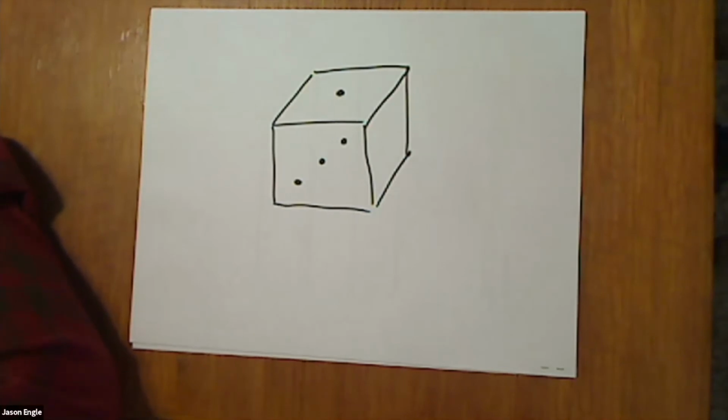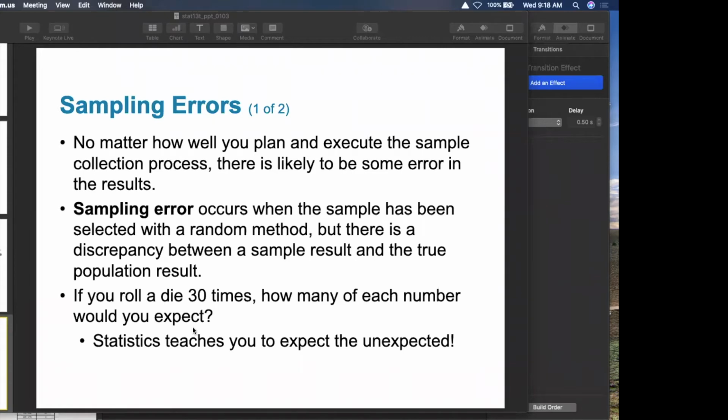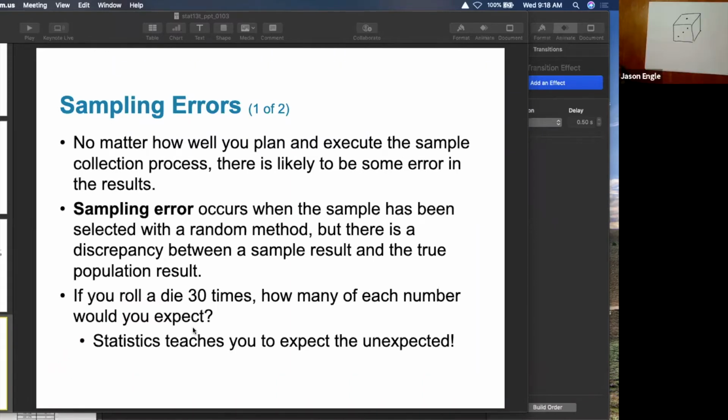So bearing that in mind, if you roll a die 30 times, and each time you record what number comes up, how many of each number would you expect? Since you have the same chance of rolling each number, how many 1s would you expect to get?